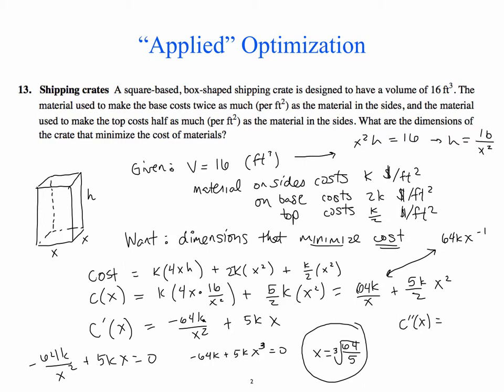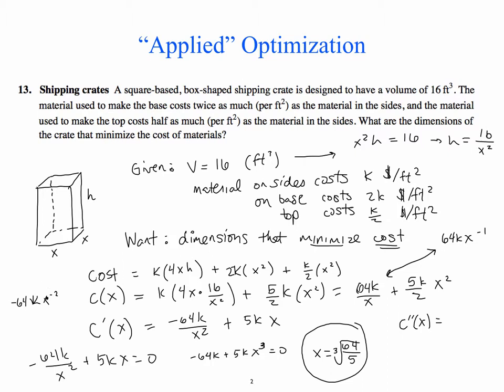What's that? So that'll be, it's not 64. How would I rewrite this first term to make this derivative easier to find? So negative 64k times x to the negative 2. This whole part right here is a constant.